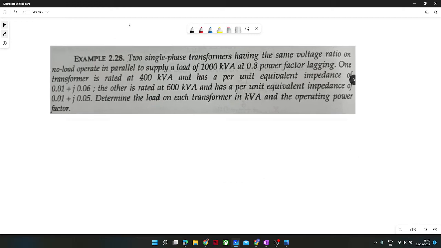In this problem, it is said that two single-phase transformers are connected in parallel to supply a load of 1000 kVA at 0.8 power factor lagging. So load is 1000 kVA, 0.8 power factor lagging.